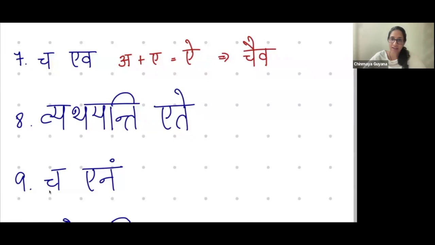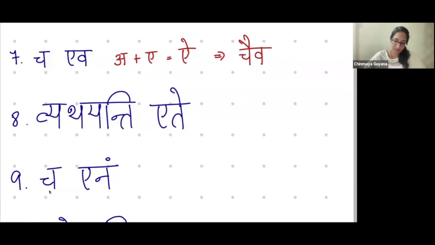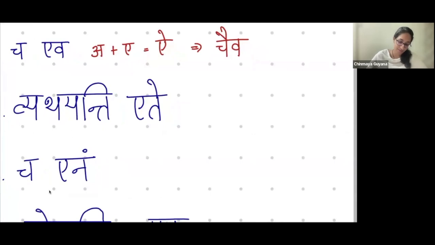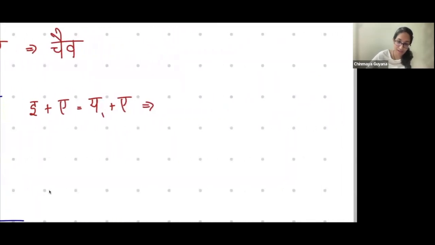Vyathayanti ete. The E plus A is going to become Ya halant plus A. So then the anti is going to become antye. Vyathayantyete.